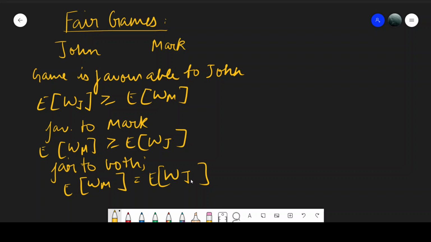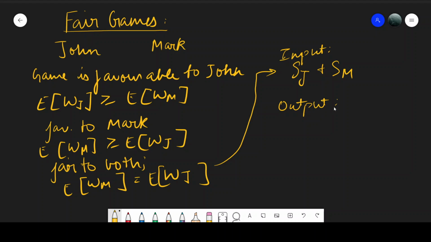So what I can say with this is that if the total bets placed by Mark and John are, let's say, SJ and SM, and this is the input in the betting game they're playing, the output too will be SJ plus SM. You can't add more money anyway. If the input is SJ plus SM, then the output is SJ plus SM as well. But if the game is fair to both Mark and John, their expected winnings are zero.